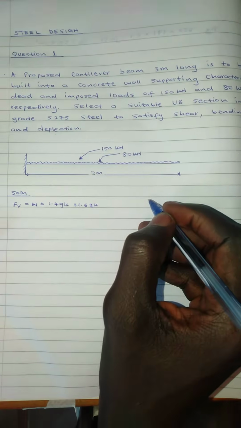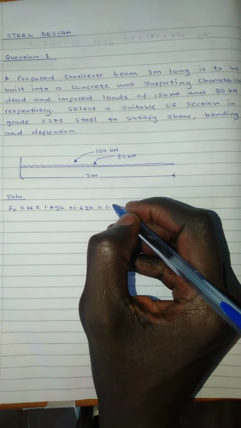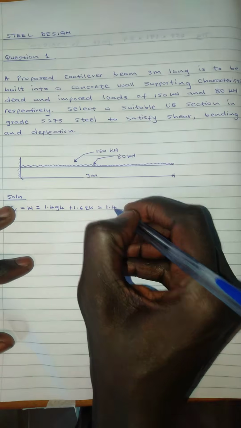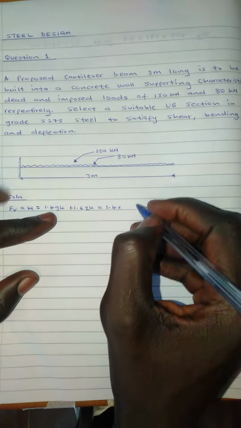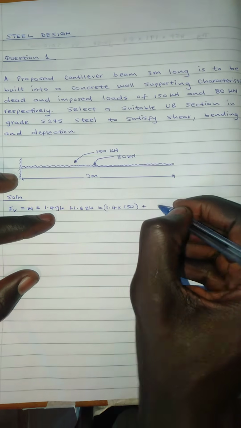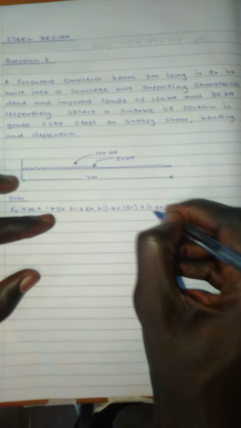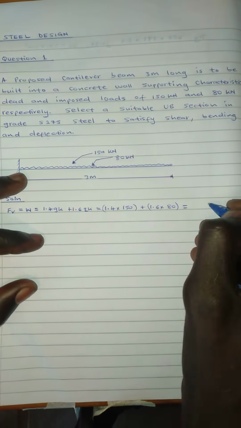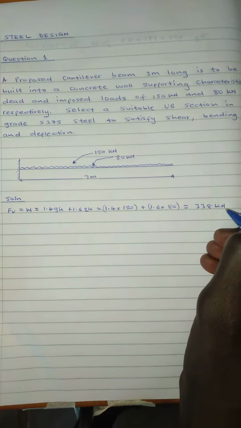So this is equal to 1.4 times our GK, which is 150, plus 1.6 times 80. If you add all this, you will get 338 kilonewtons.